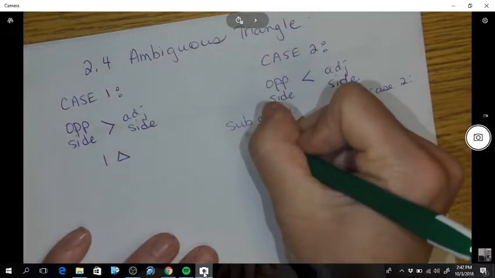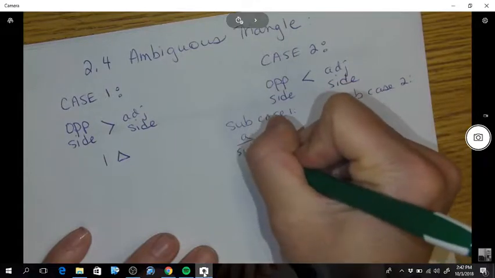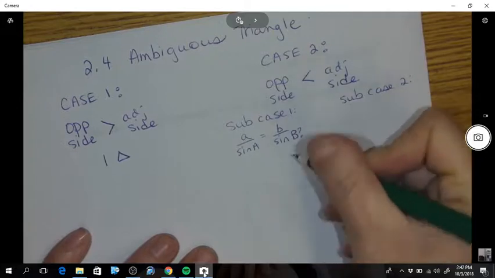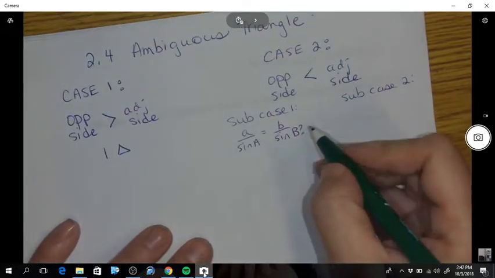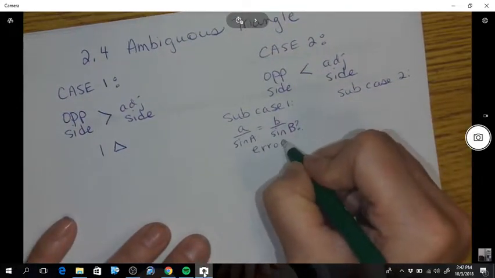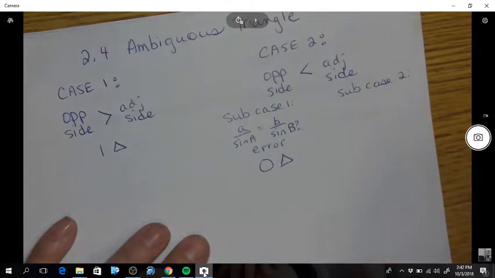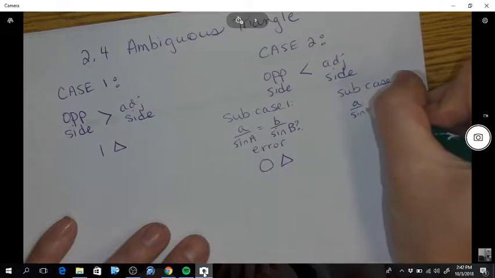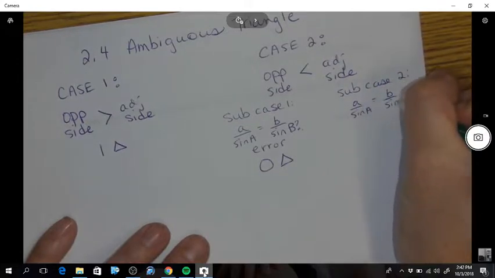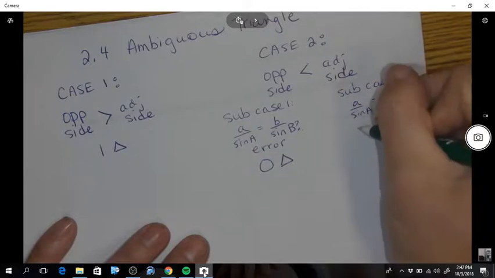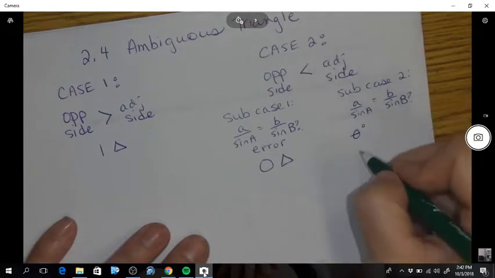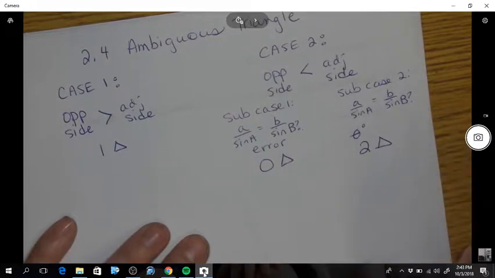If you do sine law and you try to find the second angle, and you get an error, then there's going to be no triangles. If you do the sine law and you inverse it to get an angle, and you get an angle measurement, then there's actually going to end up being 2 triangles. Okay, so what does this mean?